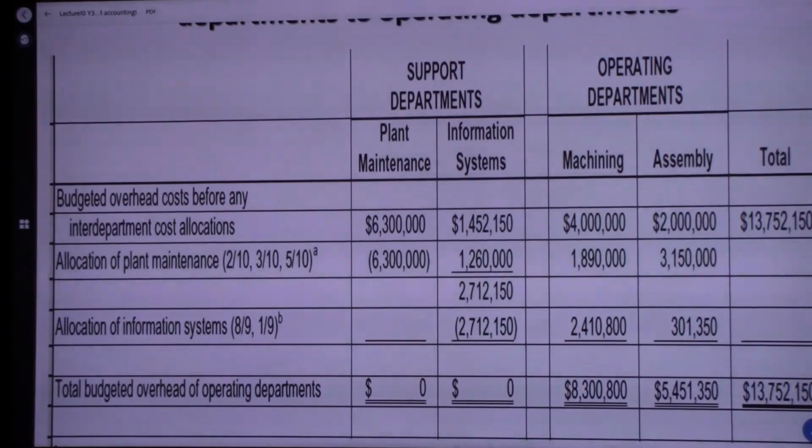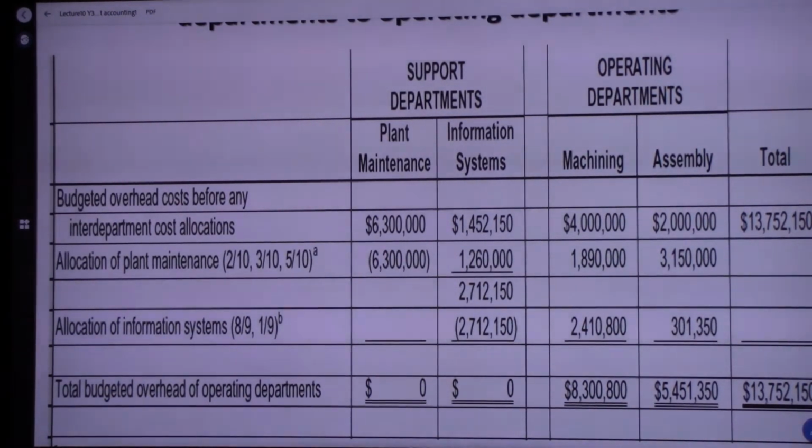I have costs related to each department. Plant maintenance has 6,300,000. Information system has 1,452,000. Machining has 4 million, assembling has 2 million. These are the total costs available for each department.